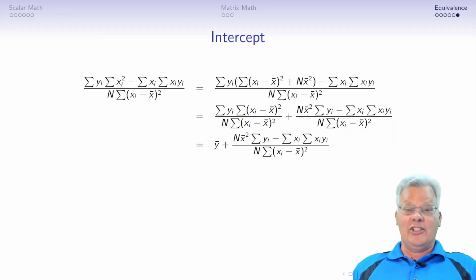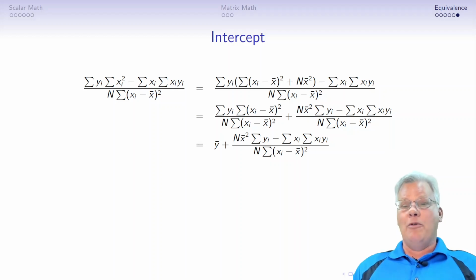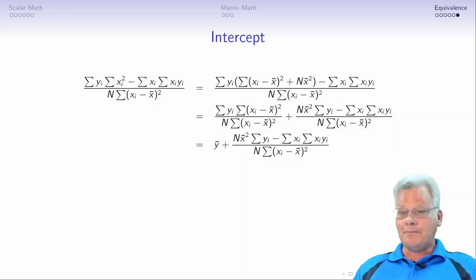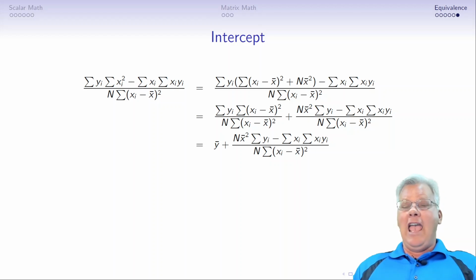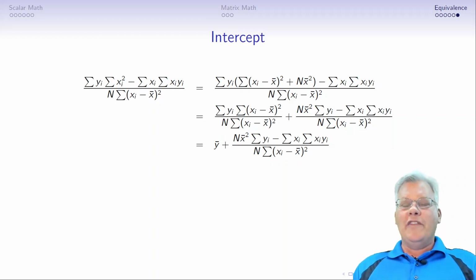Those can be canceled out, and I'm left with the sum of yi over the sample size n, and that's of course equal to y bar, the sample mean of the dependent variable. Then I have to manipulate this term on the right. Since we already know the answer, this should equal minus b2 times x bar.